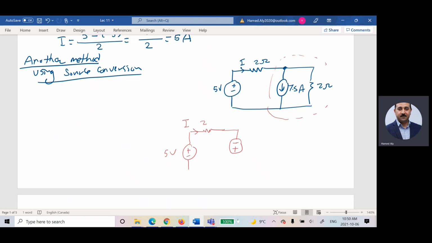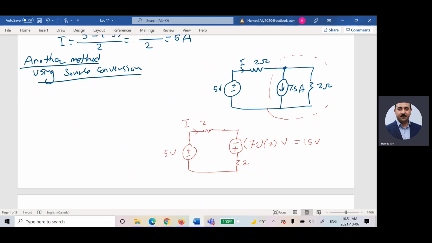V here is equal to what? I times R. What is I? It is 7.5. And what is R? It is 2. So this guy is equal to 7.5 multiplied by 2 volts. And I have this resistor, this guy is 2. Now, I have this voltage source, it became 15.